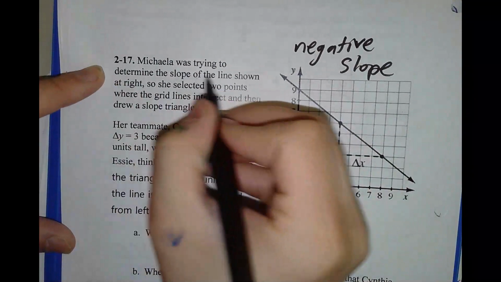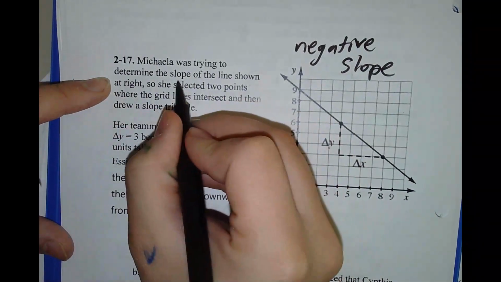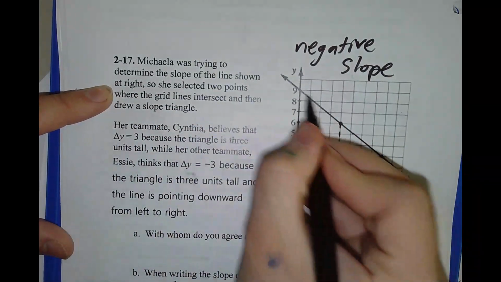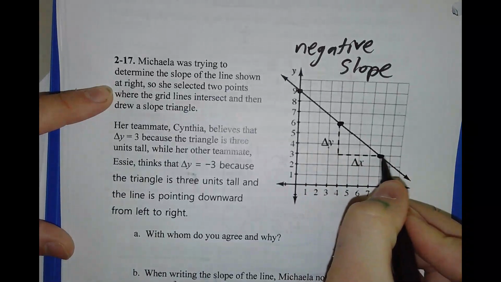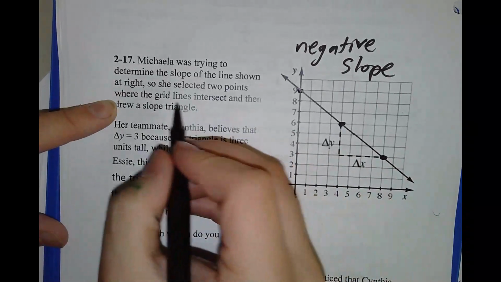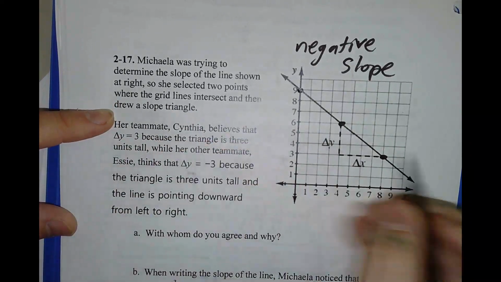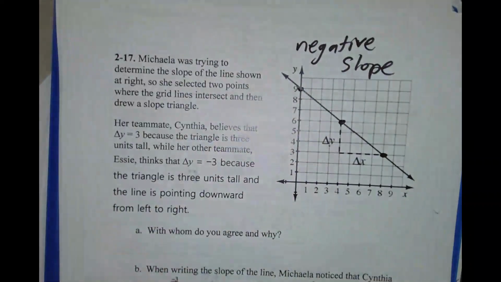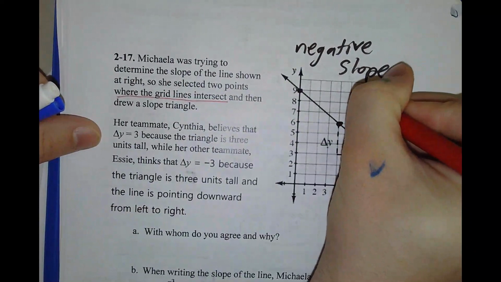Okay. Michaela was trying to determine the slope of the line shown at right. So she selected 2 points, but you could choose any 2 dots you want, but she chose these 2, where the grid lines intersect, and then drew a slope triangle. Where she says the grid lines intersect, that just means it's called a lattice point.